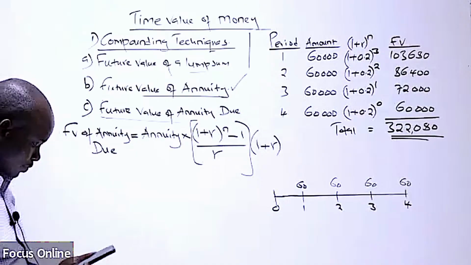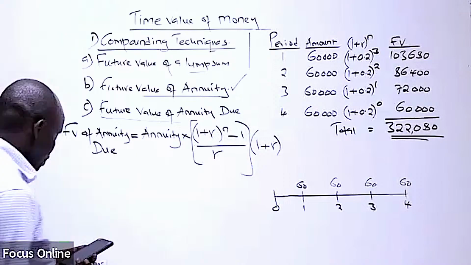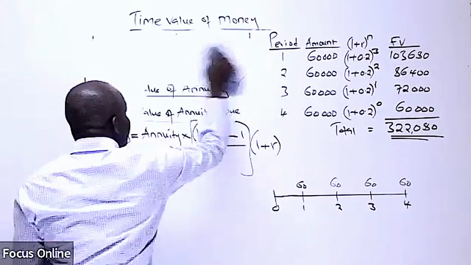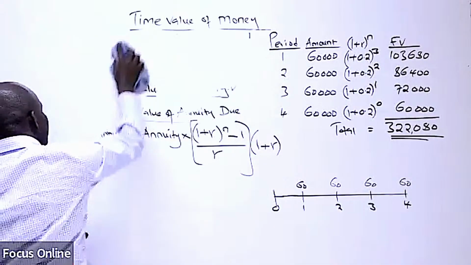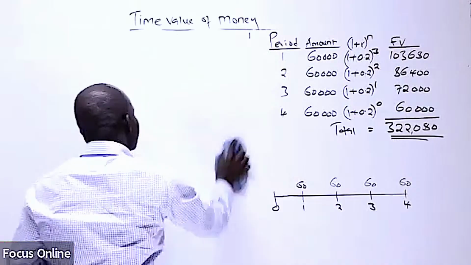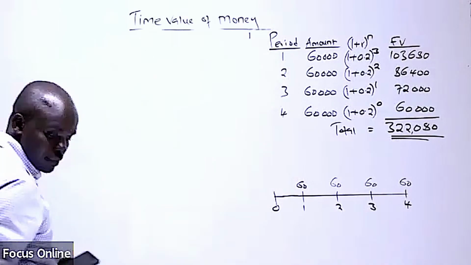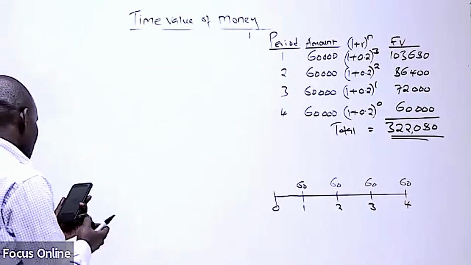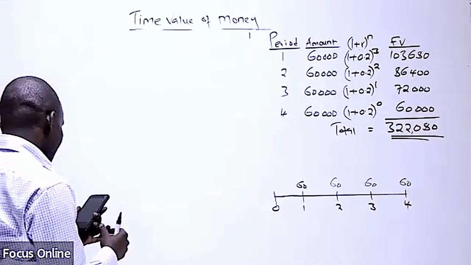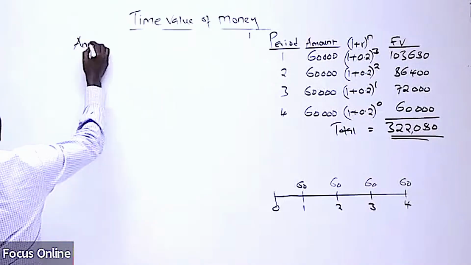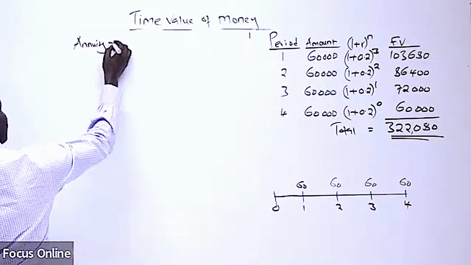So let's do that. The annuity is 100,000.